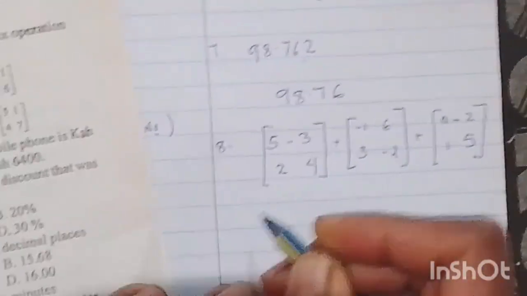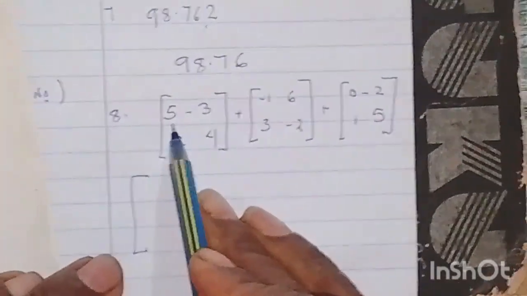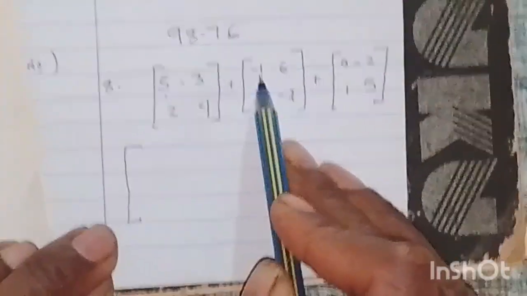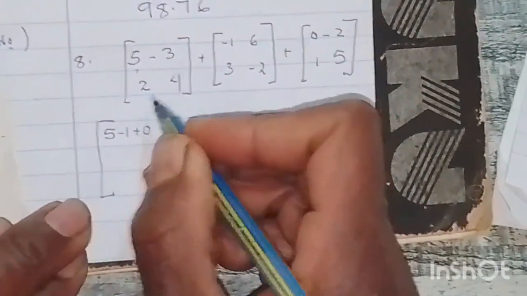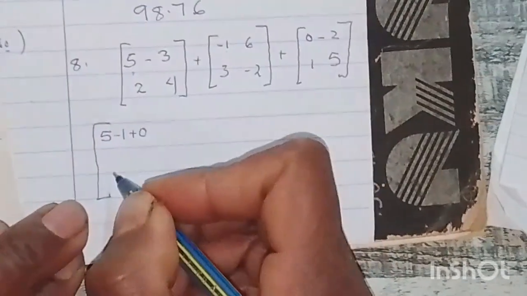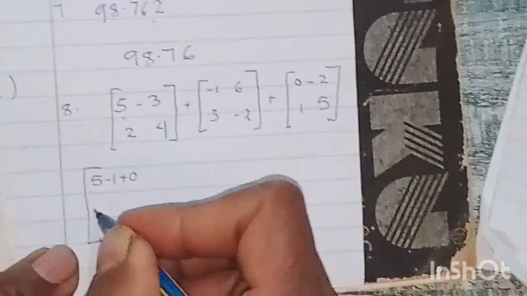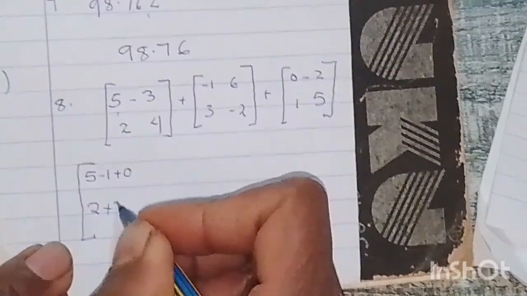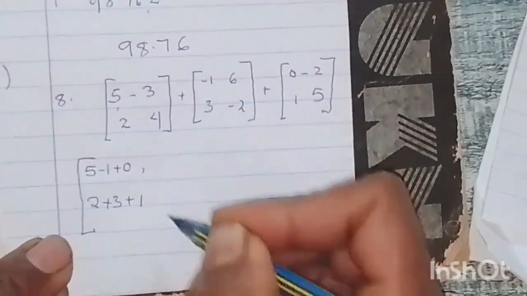Therefore, to add all these matrices, we start from the first one. We add this 5, we minus this 1, and 0. We put 5 minus 1 plus 0. We come to the second matrix, to the second number. This is 2 plus 3 plus 1. Then we put a comma.